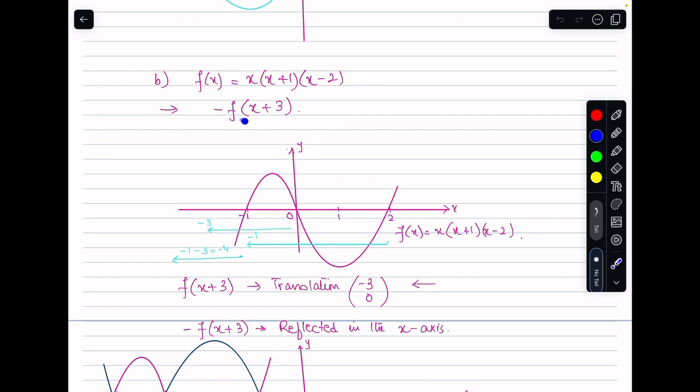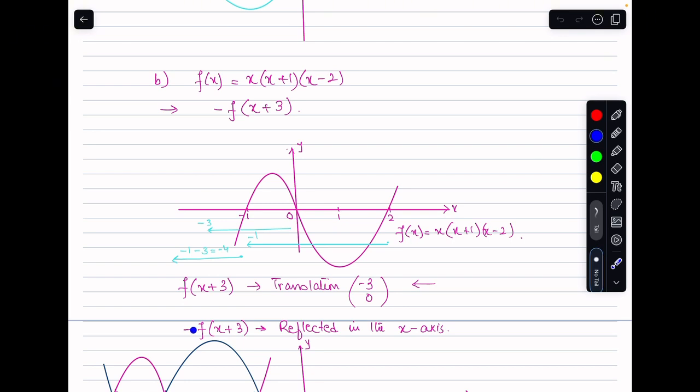And then within the bracket, it says f of x plus 3. What I know here is that f of x plus 3 shows a translation in the horizontal direction, so that the translation is going to be (-3, 0). It should be translated horizontally towards the left.